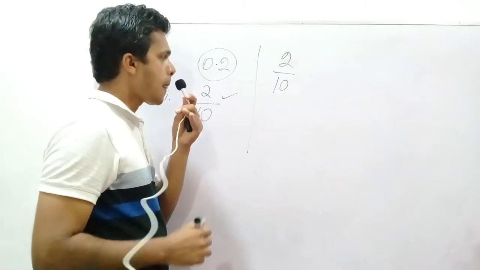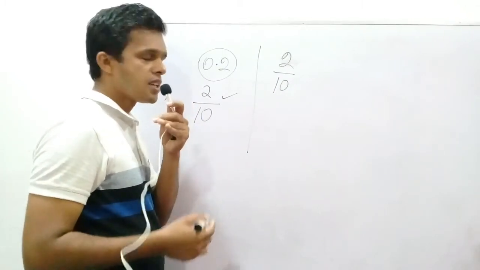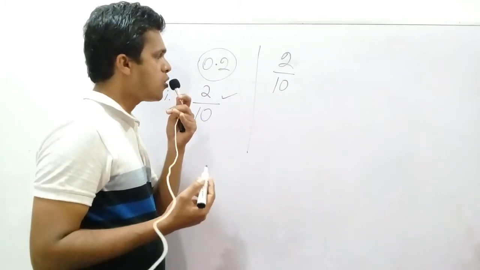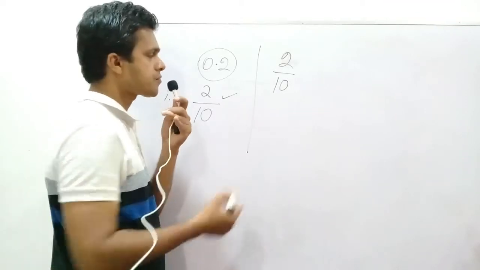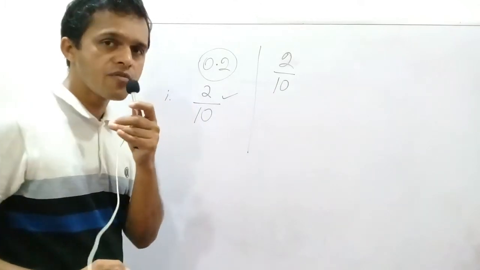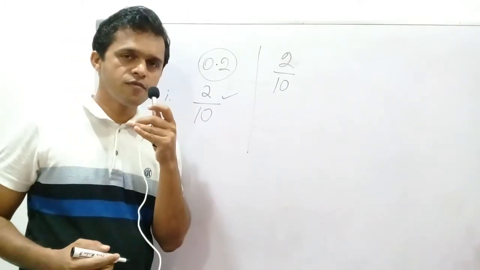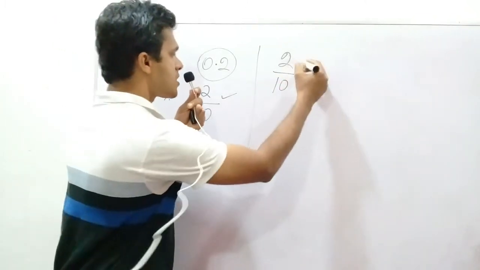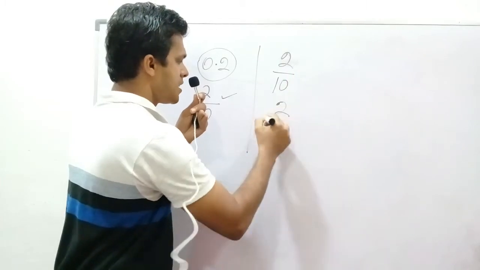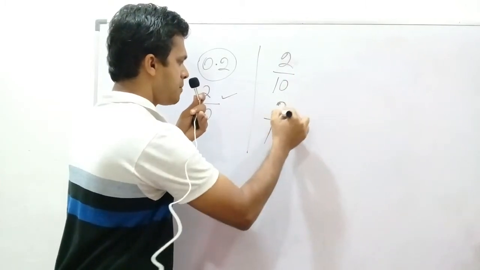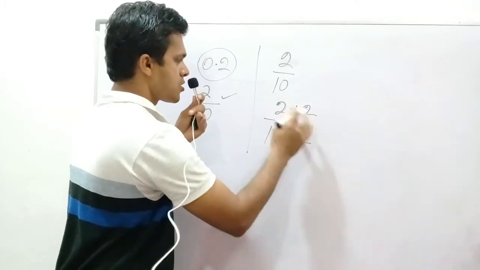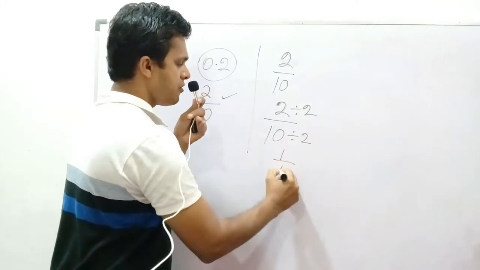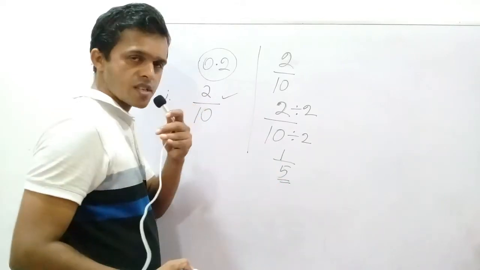How do you simplify this fraction? You could see 2 is a multiple of 2, 10 is a multiple of 2. Therefore, both are divided by 2. So 2/2 is 1, 10/2 is 5. So the answer is 1/5.